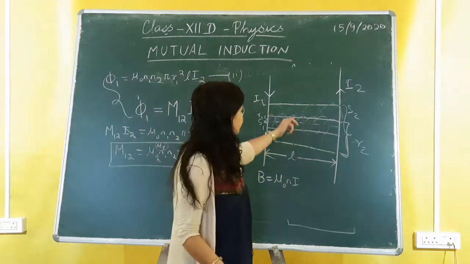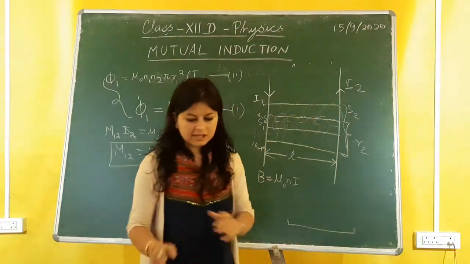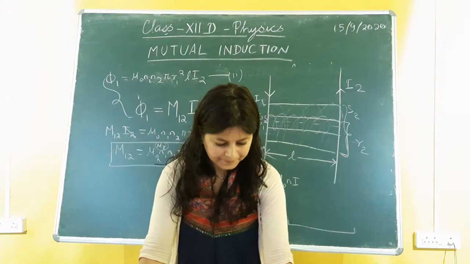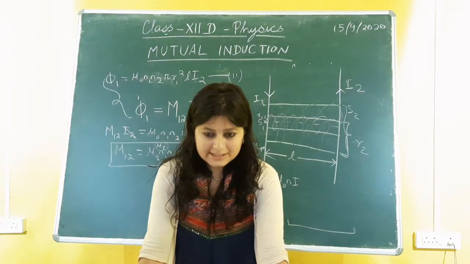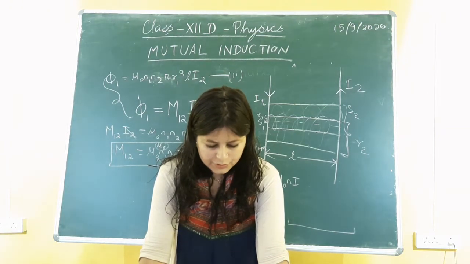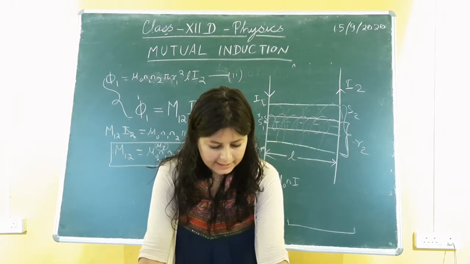So, it is confined only within this one, okay. So, keeping all these into consideration, the solenoids are assumed to be very long, there is no magnetic field outside S1 due to the current in S1.